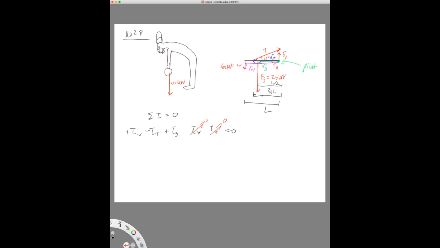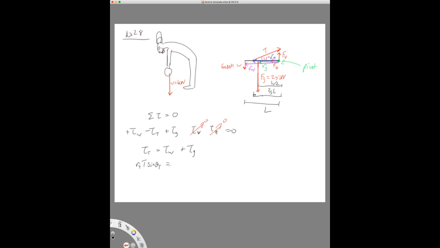Okay, I want to solve for the tension, so I'm going to move that to the other side, and we get torque tension equals torque W plus torque G. Now equation-wise, this looks pretty identical to our previous problems.